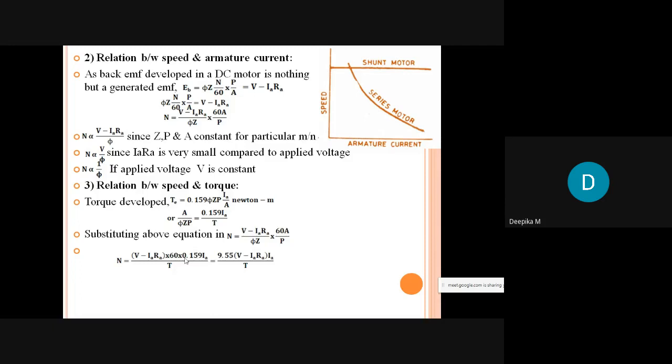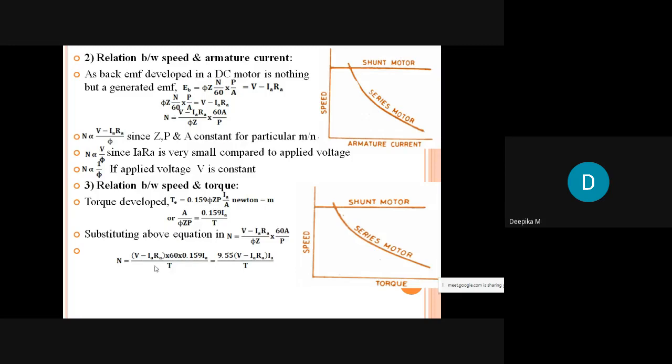And again, you know that all these things are constant. Let us write like this. And you can observe over here that speed and torque are inversely proportional. You can see here the speed is inversely proportional to the torque. That means if the torque is increasing, then the speed is going to reduce.